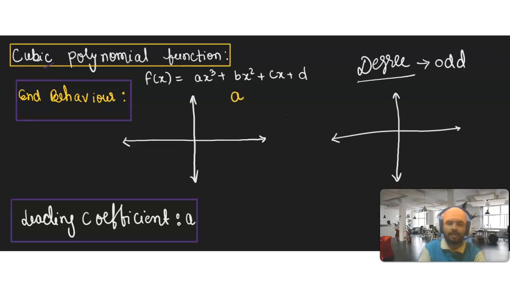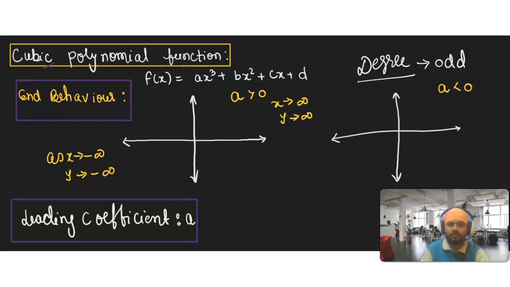If a is greater than 0, that is, if our leading coefficient is positive, and in the other case, if our leading coefficient is negative, that is a less than 0. If the leading coefficient is positive and the degree is odd, then as x tends to negative infinity, y also tends to negative infinity, so it would be in the third quadrant, and as x tends to positive infinity, y also tends to positive infinity.